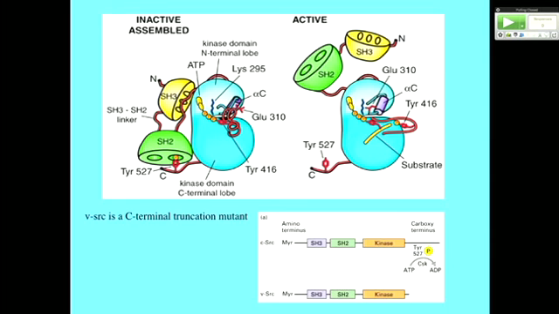If we remove CSK from cells, that tyrosine becomes unphosphorylated and Src becomes activated. So one way of activating this kinase is by dephosphorylating this tyrosine or preventing its phosphorylation. What's another way that we might activate this protein?